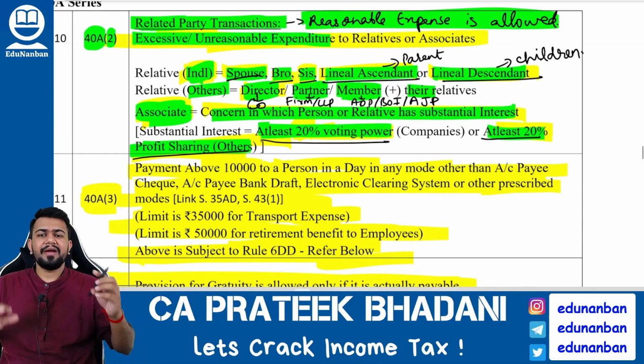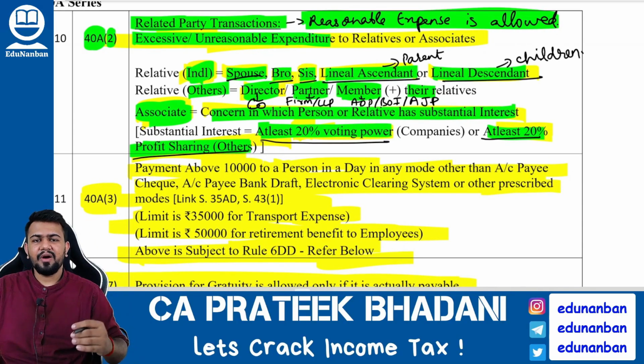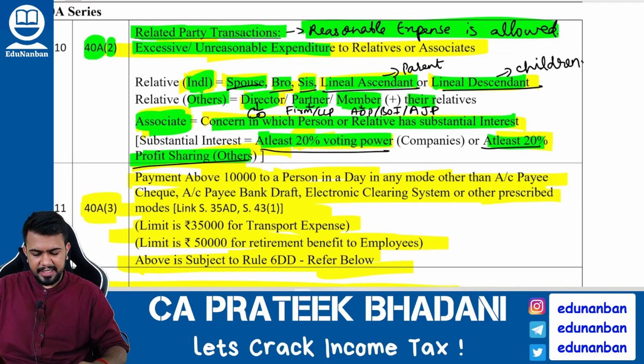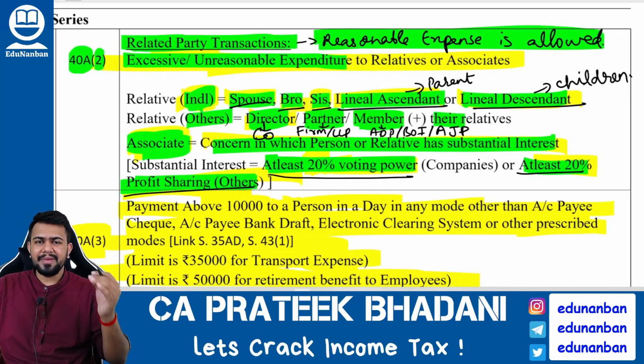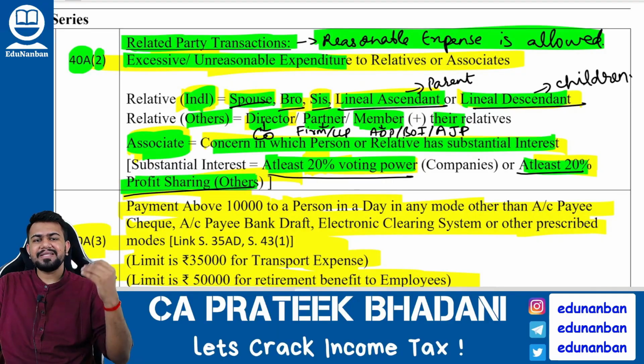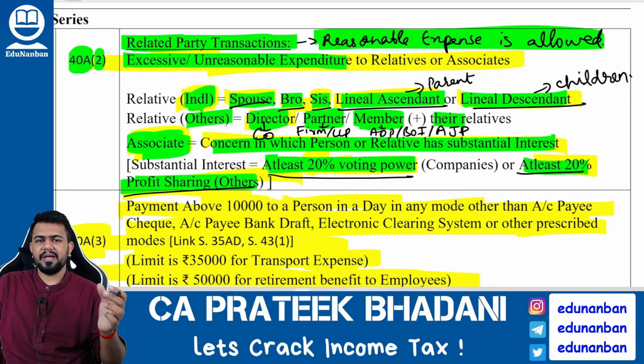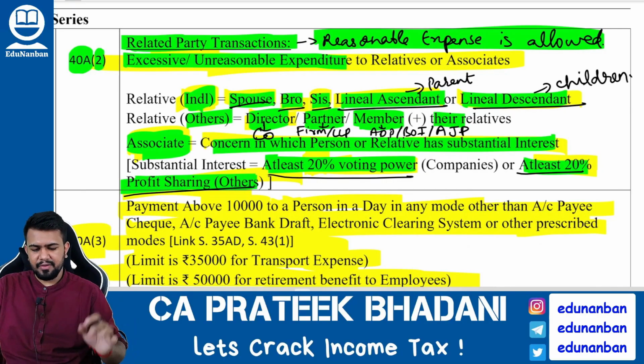Listen. So if I am making any payment to a related party, or to any associate, in such case, if the payment is reasonable, it will be allowed. If it is unreasonable, only the reasonable part will be allowed as deduction. The excess amount will not be allowed as deduction.